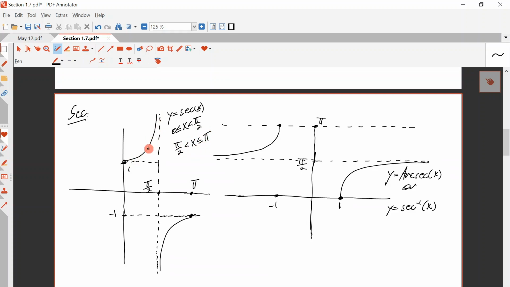So this gives us the full range of the secant function from 1 to plus infinity, and then from minus infinity to negative 1. And then this passes the horizontal line test, and the inverse function looks like this. So the domain here is from negative infinity to negative 1, and then from positive 1 to positive infinity. Right, that's our reflection around the line y equals x.